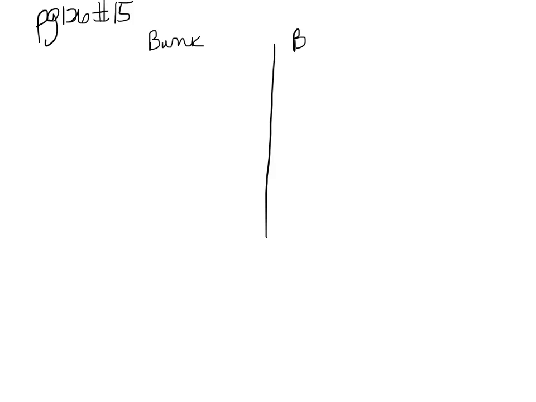This next exercise we're going to go ahead and take a look at is on page 126, and it's number 15. And we are actually going to prepare a bank reconciliation. What I like to do is I like to do bank on this side. You can see in our example before, they did it on top of one another, and book on that side.